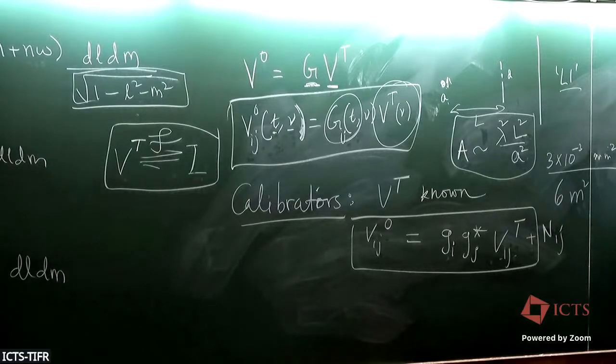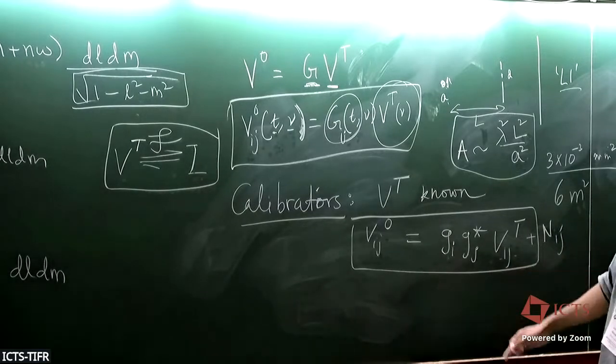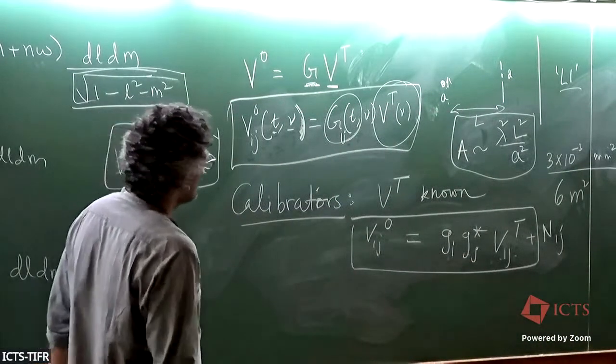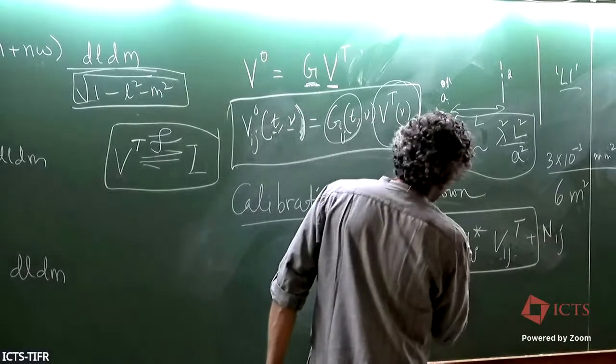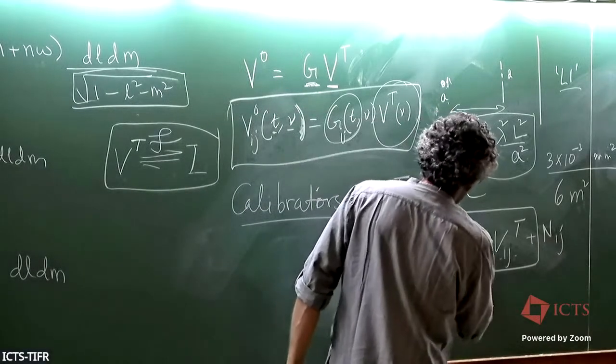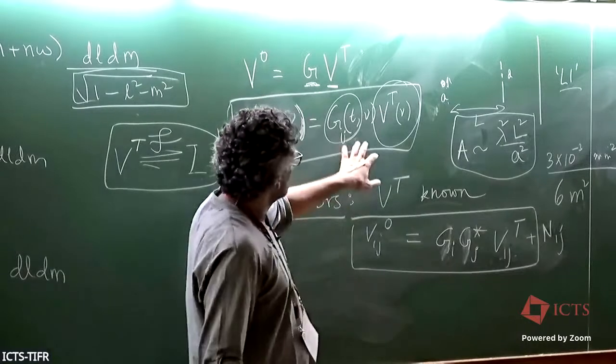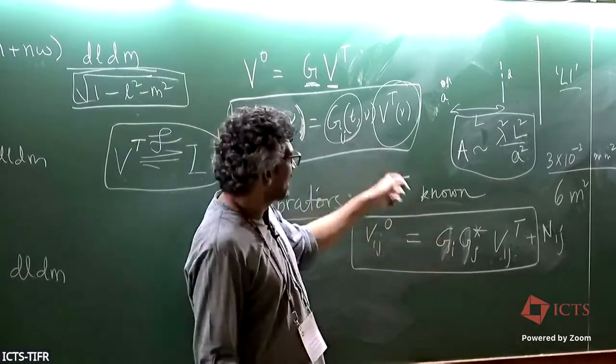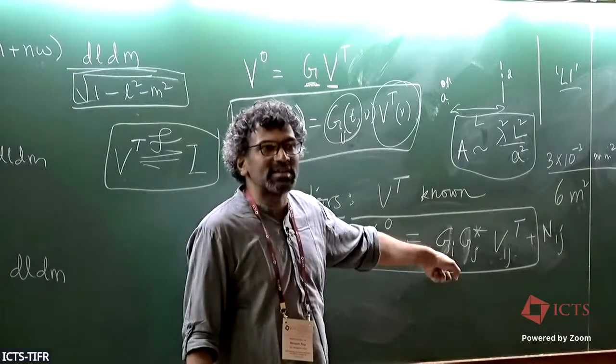Now, here is the next level of complication. When I'm talking about how you can find the gain, I should have really written capital G here. So this is a set of assumptions which has gone into it. I'm saying that my gain can be decomposed into antenna-based gains.